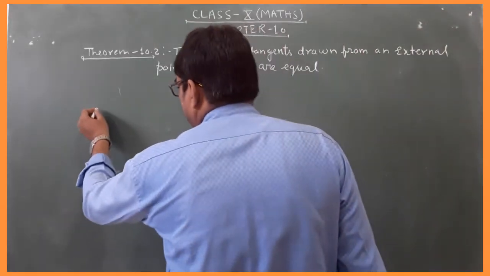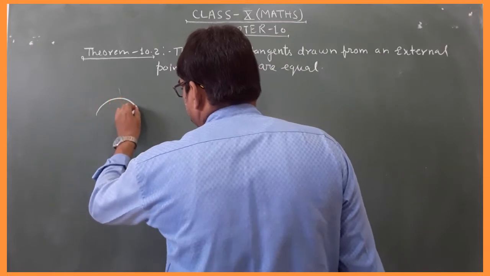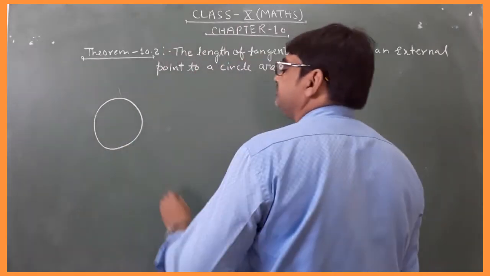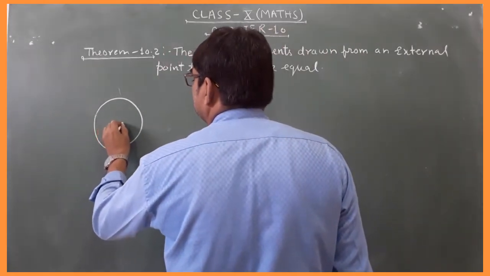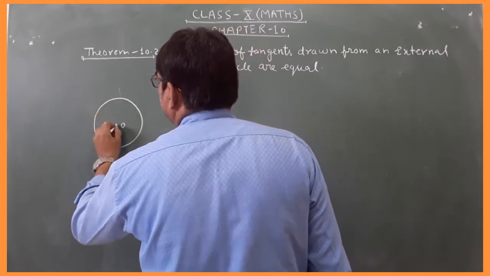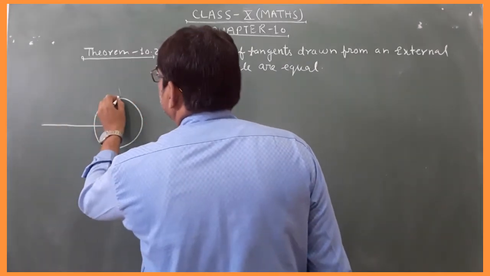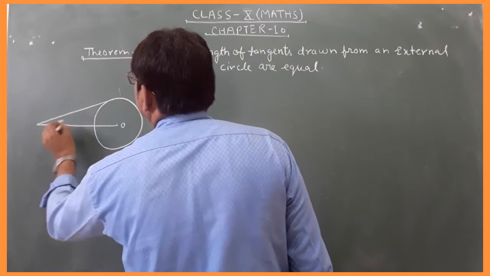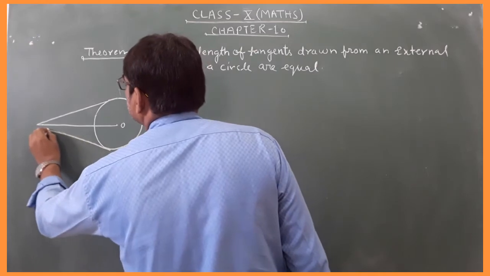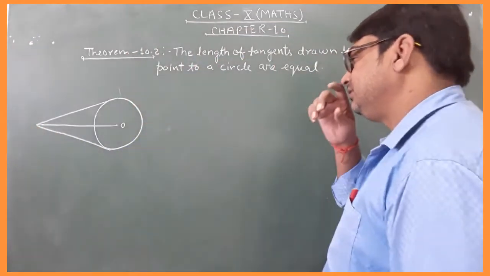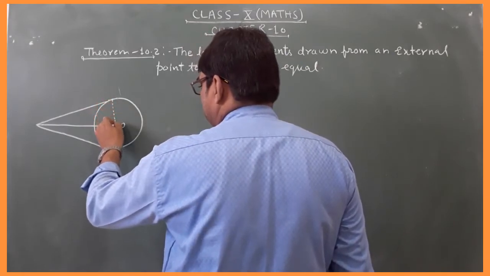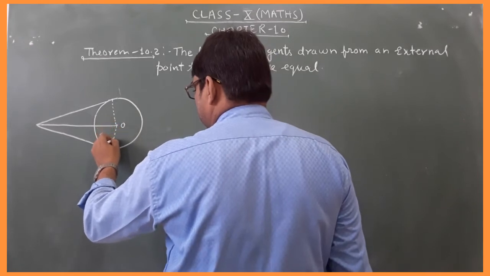फर्स्टली वी ड्रा अ फिगर। This is circle and center is O. Tangent drawn from an external point. This is tangent and this is the radius of the circle.